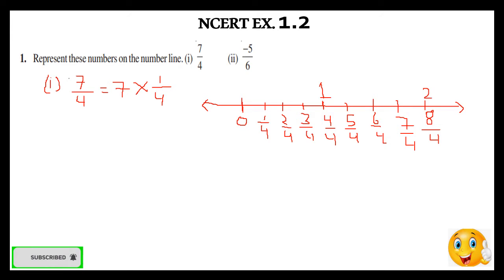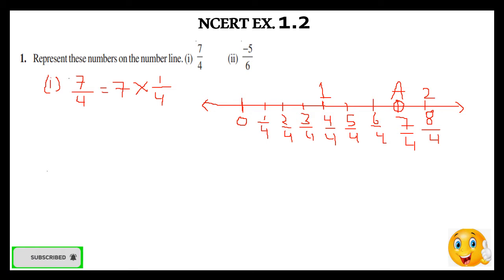So each unit 0 to 1, 1 to 2 gets divided in 4 equal parts. It is saying 7 by 4, and we see that 7 by 4 is lying between 1 and 2, and this is the point 7 by 4, and we can name it as A. So A is representing 7 by 4 on the real number line.